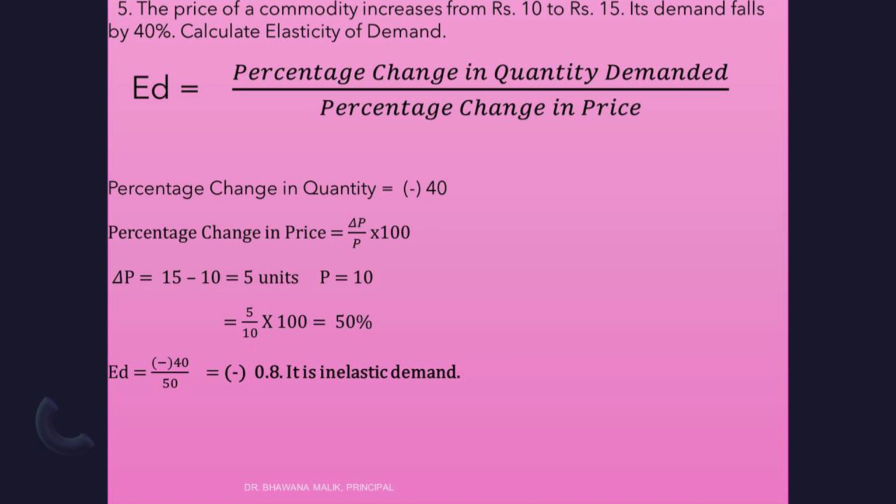That is, delta P will be 15 minus 10, which gives you 5, and P is 10. So 5 divided by 10 into 100 gives you 50%. So elasticity of demand will be minus 40 divided by 50, which gives you 0.8, and it is less than 1. Then it will be considered as inelastic demand.